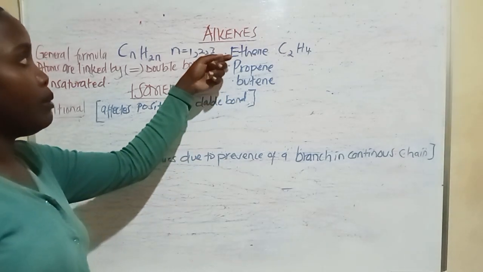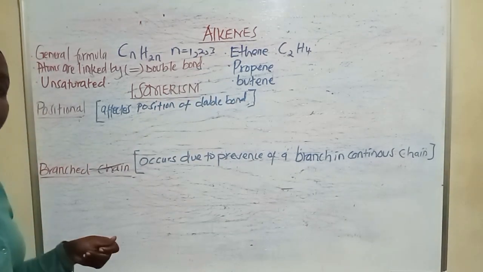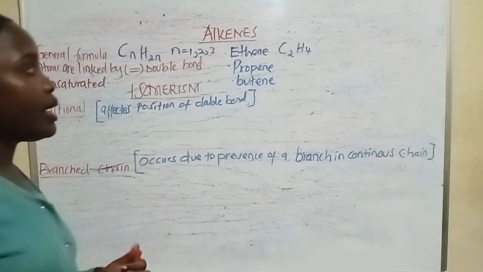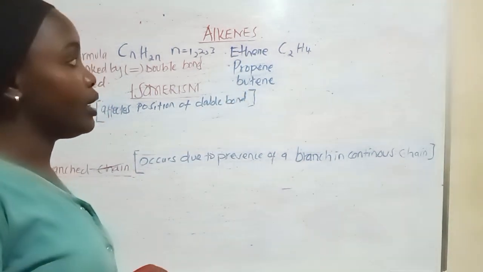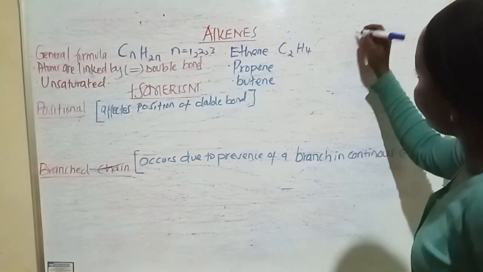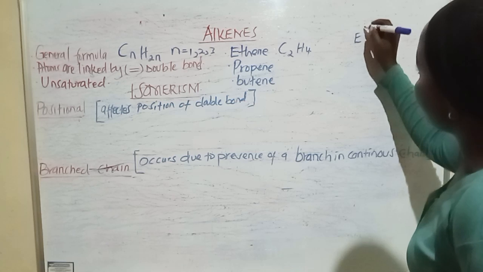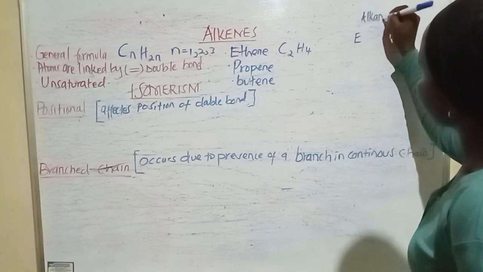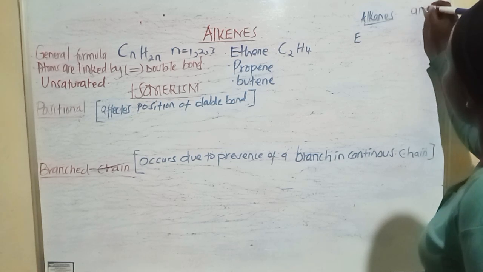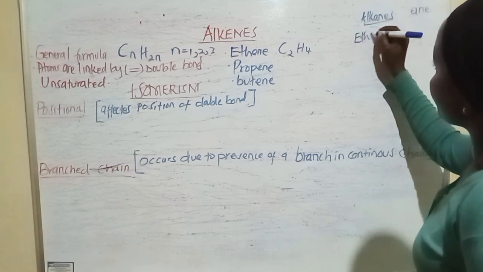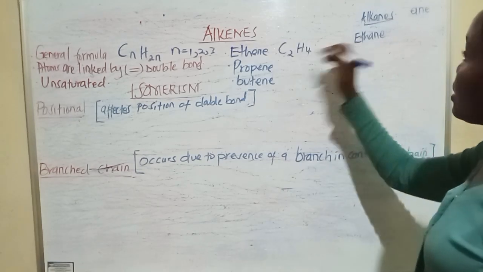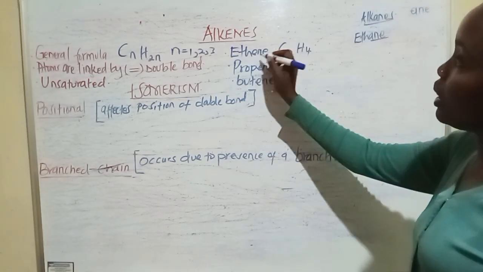Now, how do you know the names of these alkenes? We get the names of the alkenes by replacing the suffix of our alkanes. Remember, alkanes had a suffix of A-N-E. So you get the alkenes by replacing the suffix an with en.